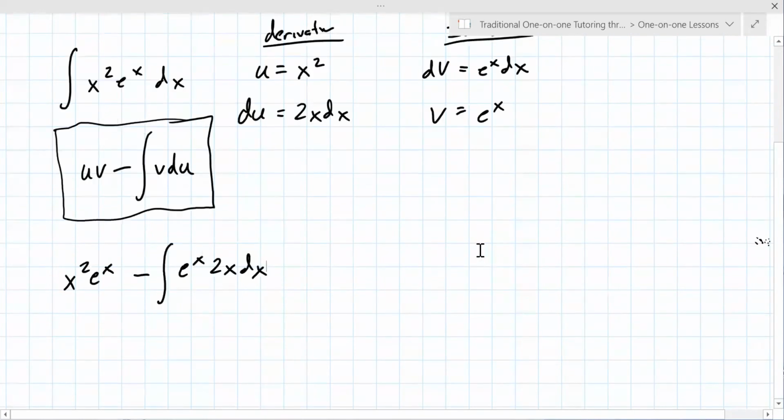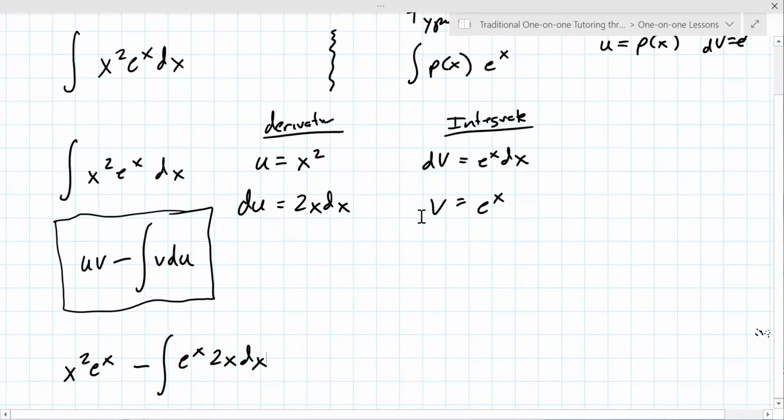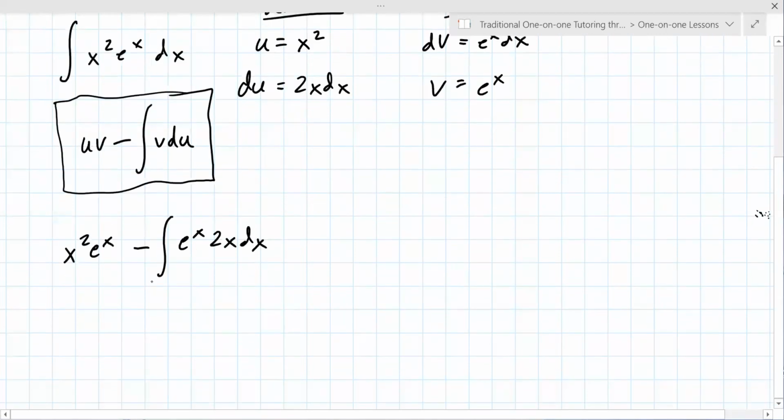So again, I'm just taking the four things and piecing them together. Now on the right here, I'm going to rewrite it: the integral of 2x e to the x dx. Then you have to do integration by parts again.